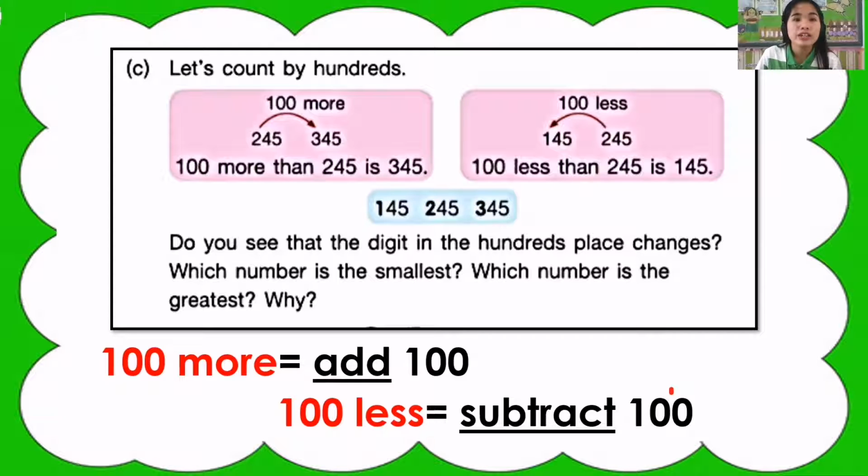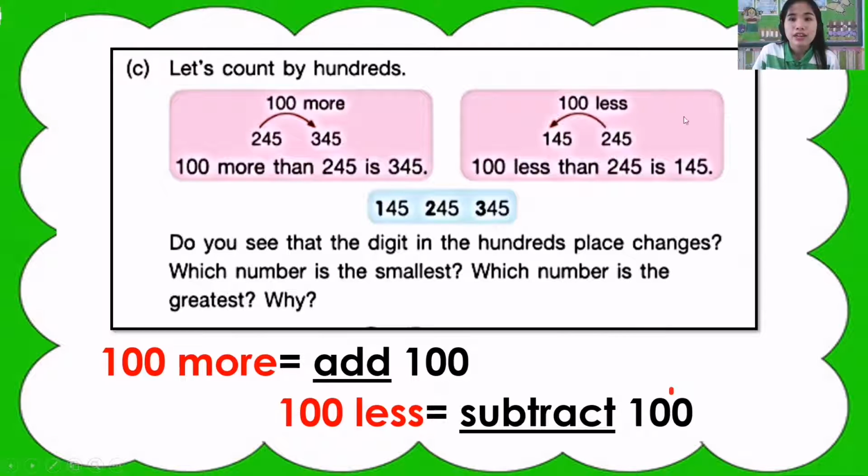So, if you will add 100 plus 245, how many is that? 245 plus 100 equals 345. So 100 more than 245 is 345. You will simply add 100.